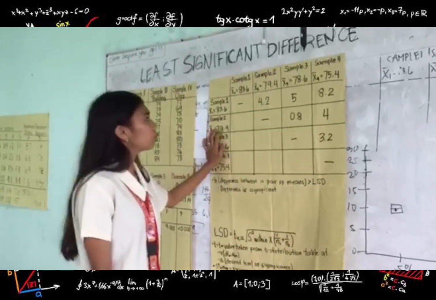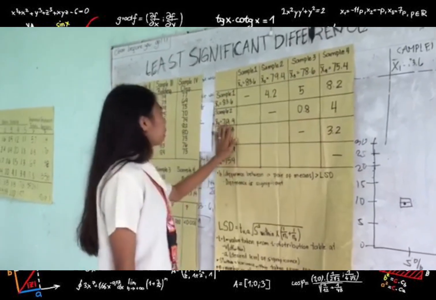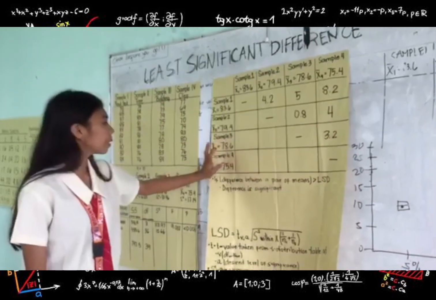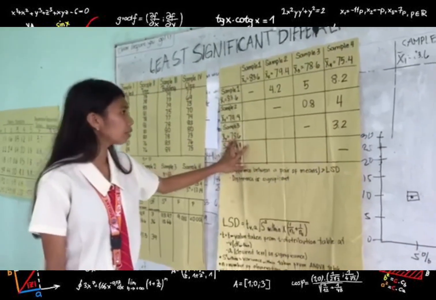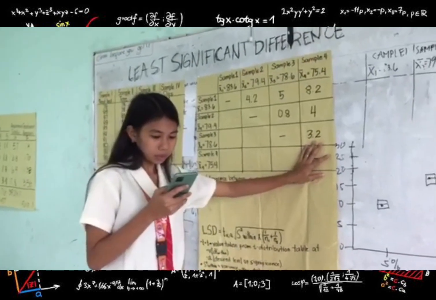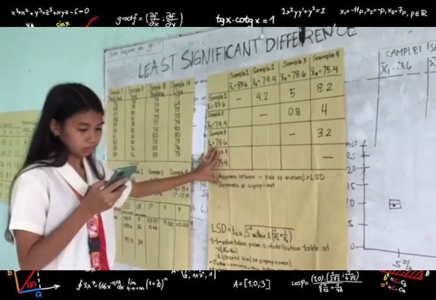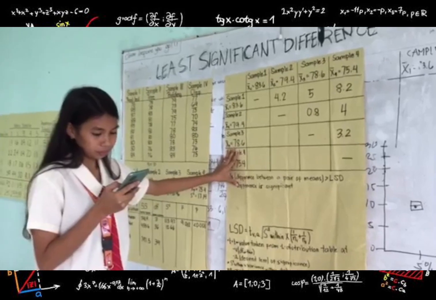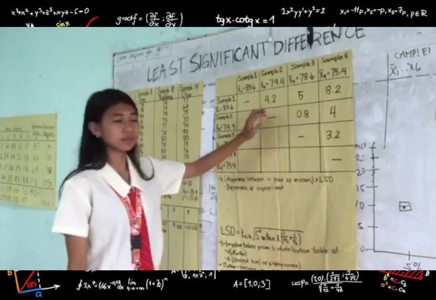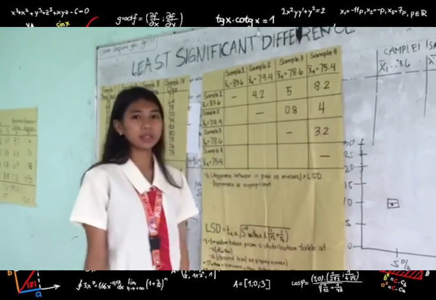Sample 2 and sample 3 is 0.8. Sample 2 and sample 4 is equal to 4. The mean of sample 3 and sample 4 is 3.2. So we have the 6 pairs, which are 4.2, 5, 8.2, 0.8, 4, and 3.2.